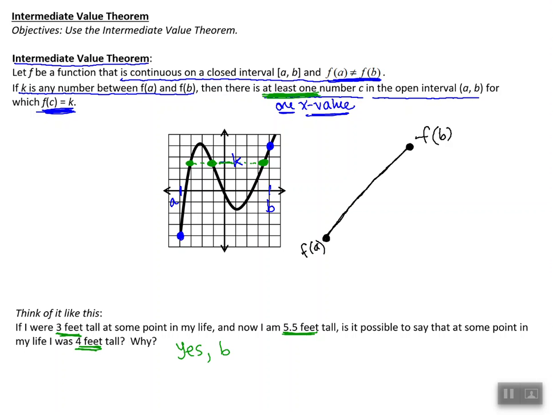So we would say yes, because the 4 feet that we're trying to prove has to happen is between that lower value 3 feet and the upper value 5.5 feet, and growth is continuous. Therefore, we have to be 4 feet tall at some point.